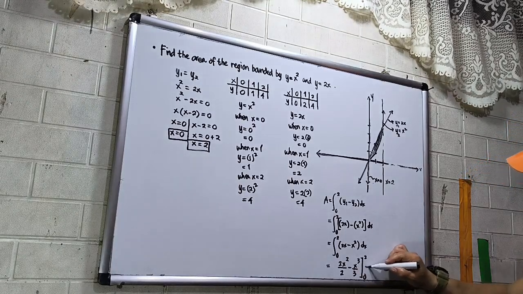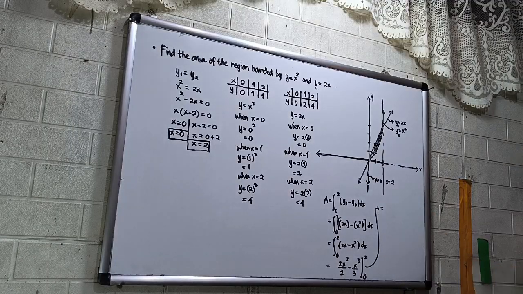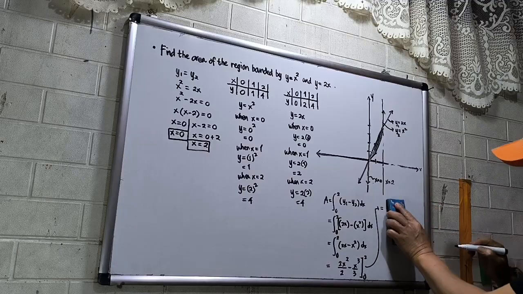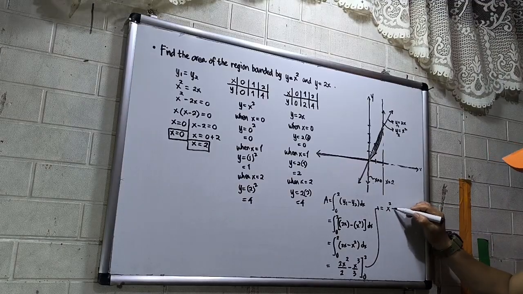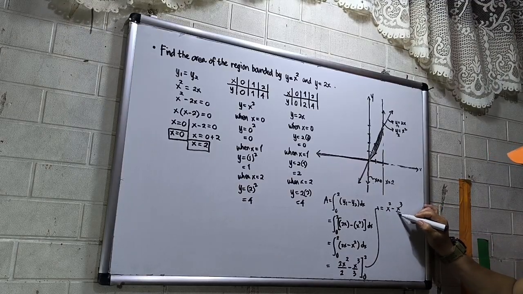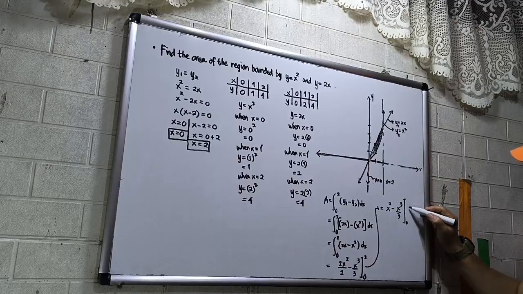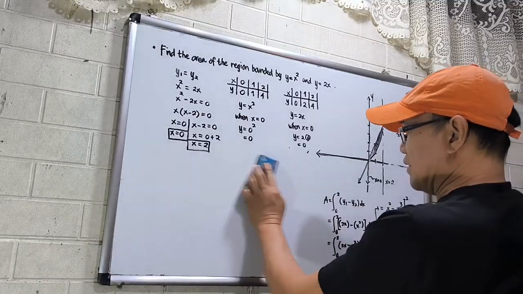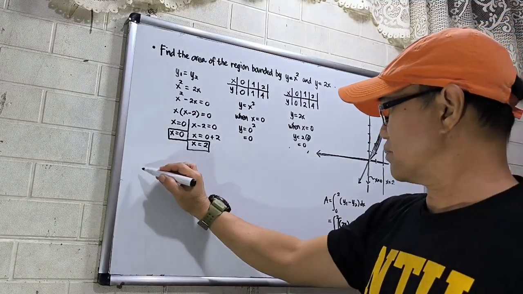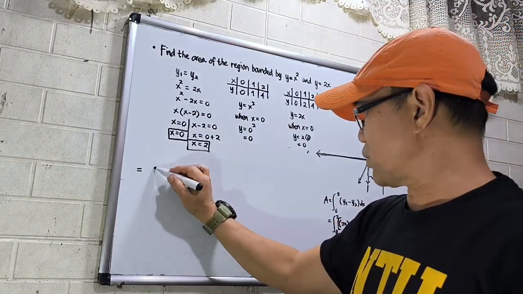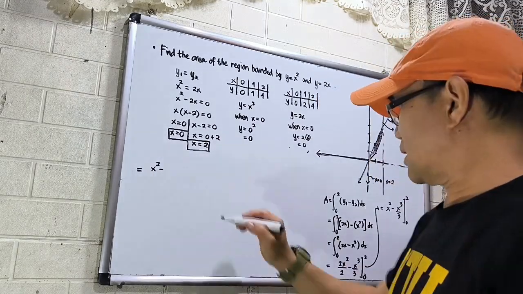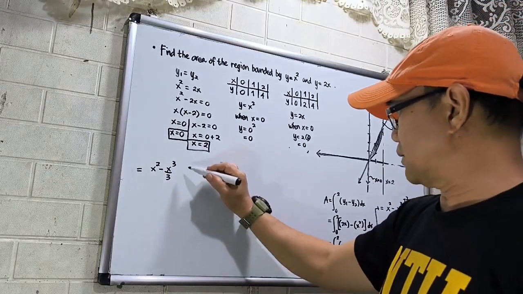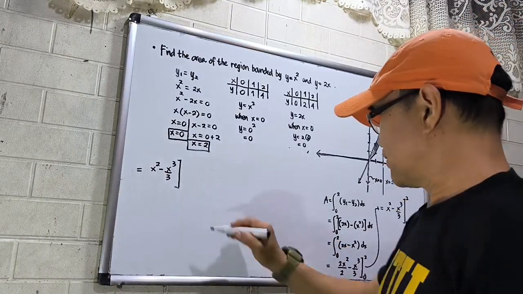The 2 will be crossed out, so this equals x squared minus x cubed over 3, with limits from 0 to 2.